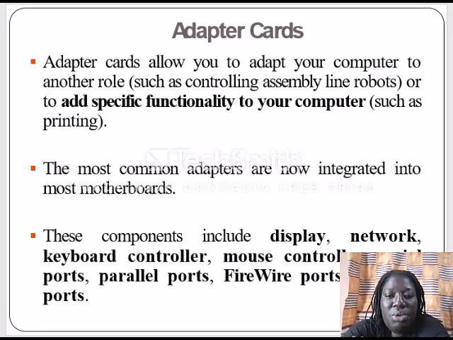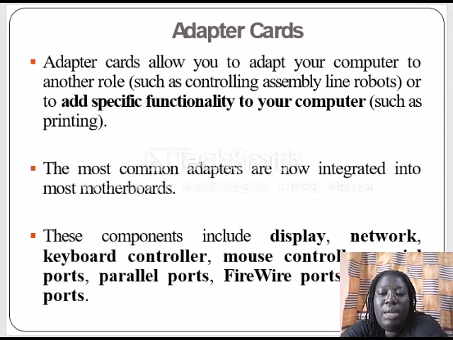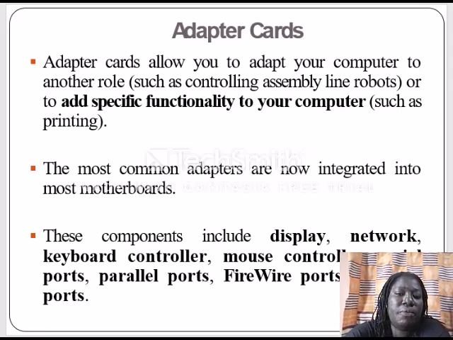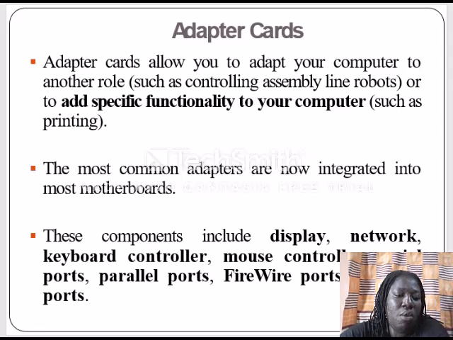These components include the display, the network, the keyboard controller, the mouse controller, the serial ports, the FireWire and USB ports. So all these ports are integrated into most of the motherboards.